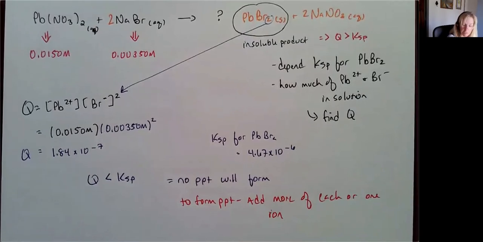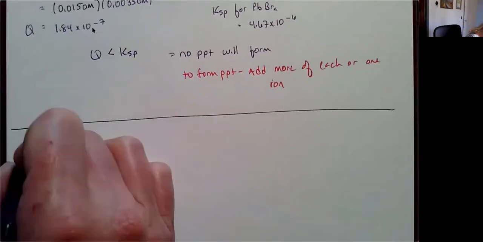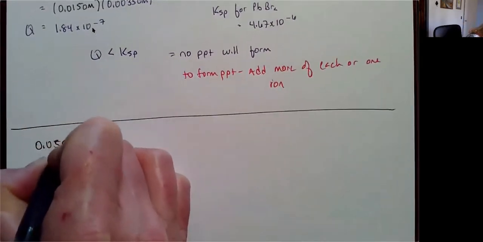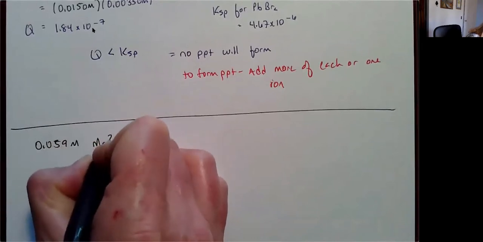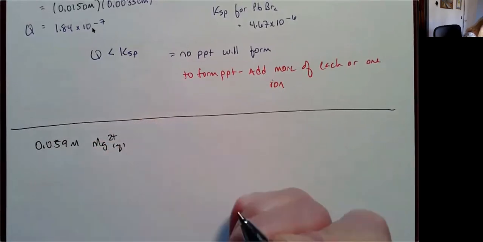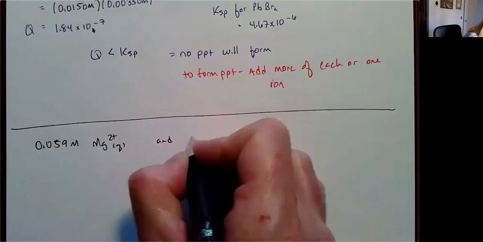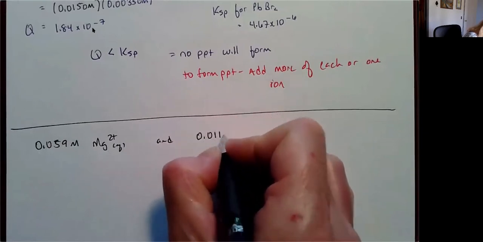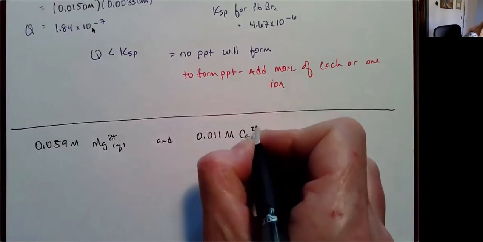Oftentimes I want to separate ions from each other, so I'm actually going to do another calculation with you. Let's say I have a solution with 0.059 molar magnesium ions, so those are in solution, and a solution that has 0.011 molar calcium ions.